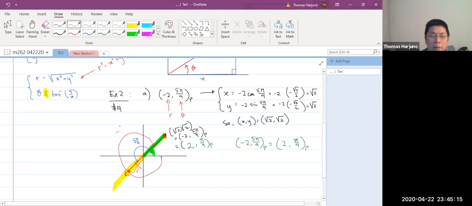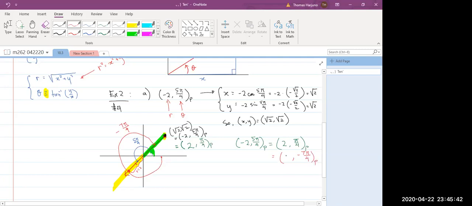It's -7 pi over 4. Do you see that? Now, if I go -7 pi over 4, it will give me that green highlight, the green line. Okay, so what is the radius at that time? Still 2, isn't it? That's still 2.